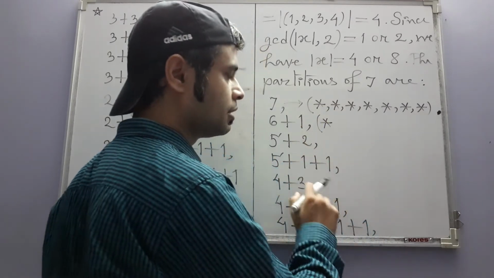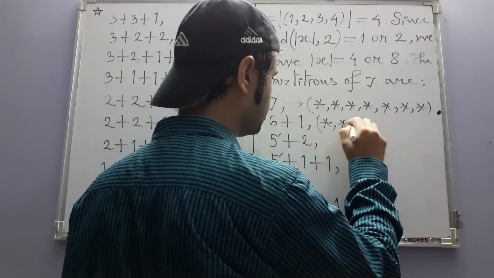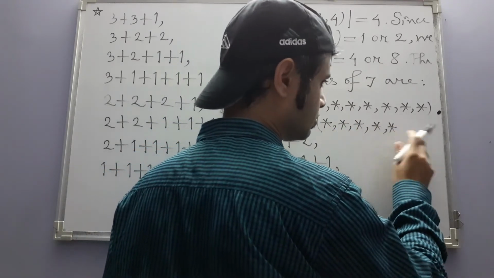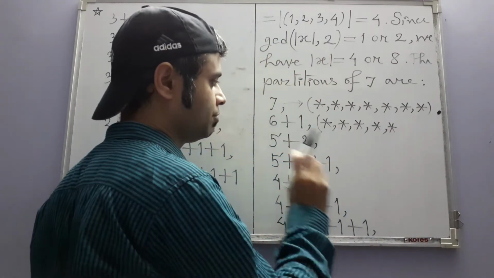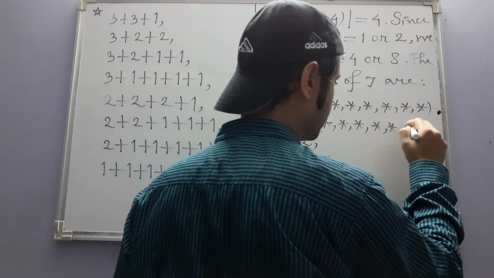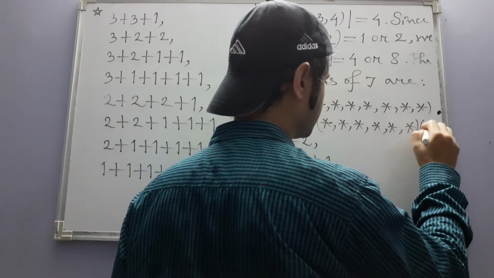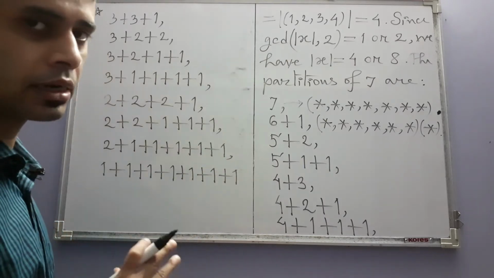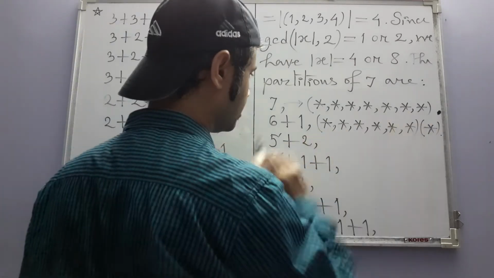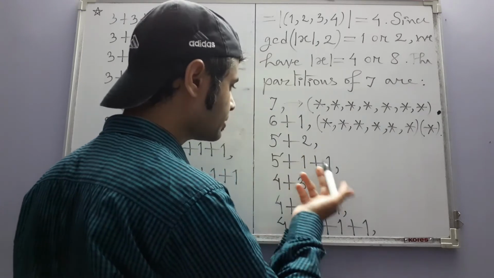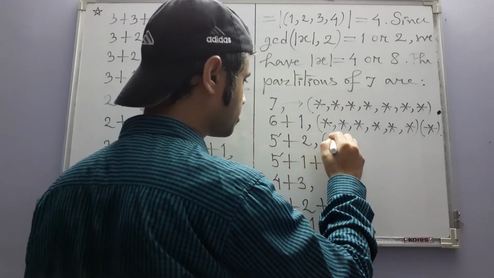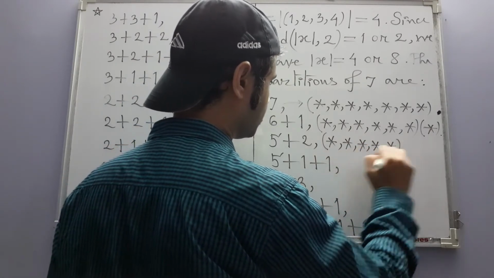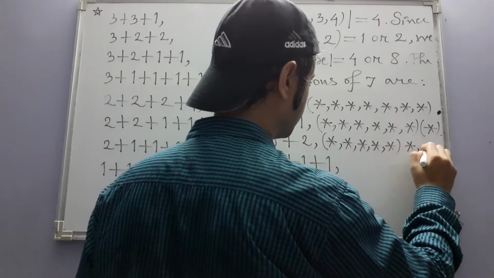Actually a product of a 6 cycle and a 1 cycle, but since we do not write 1 cycles, because they show something which is kept fixed by the permutation, we usually do not show them. Still, for the sake of showing how the correspondence works between cycle structures and partitions, we are writing like this. Just like that, 5 plus 2 corresponds to a product of a 5 cycle and a 2 cycle.